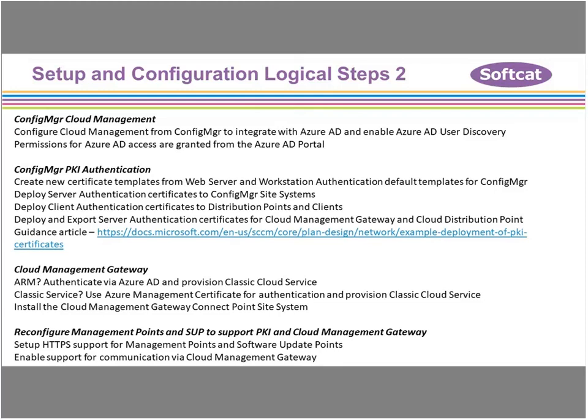Essentially, you just request the certificates from the Config Manager server, make sure that the private key is exportable, and then export the certificates out. And then when you are creating the cloud management gateway role, which is the next step, you reference those certificates that you have requested.